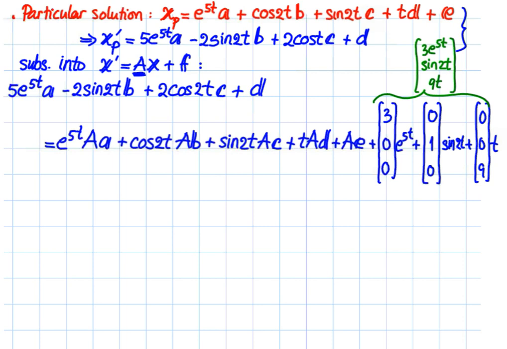Now let's look at e to the 5t. What do we have? If we put them together, I use this in red ink. Then we look at this term, in particular e to the 5t and this.